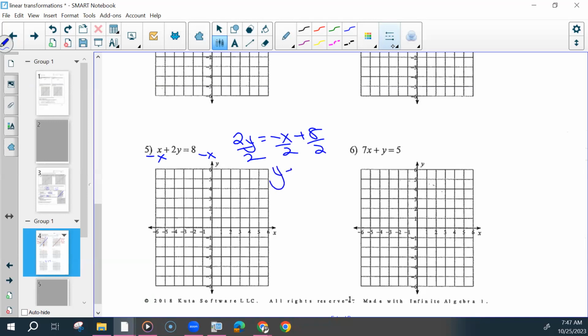You have y equals -1/2 x plus 4. When we divide, that becomes a fraction, not 2x. So if I were to graph this, it would start at +4. It's negative, so I can go up and left. Up 1, left 2, or down 1, right 2, as many times as possible. So the graph.